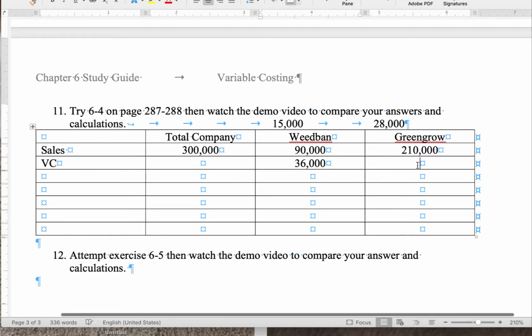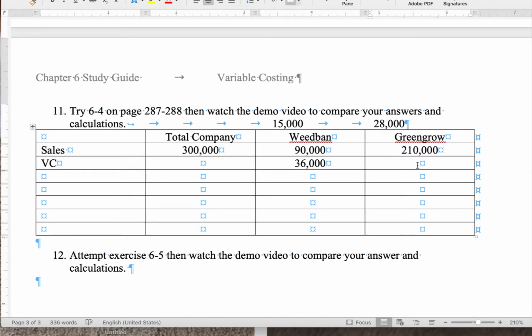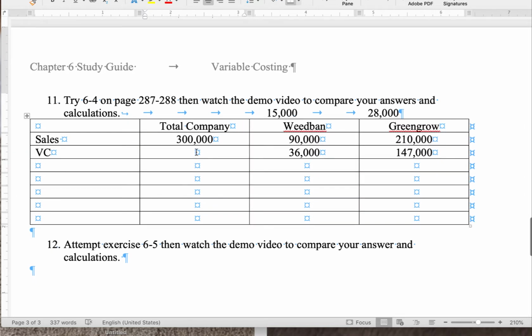I do the same thing for Green Grow. I sell how many? 28,000 units times the variable expense per unit for Green Grow, which is $5.25. I end up with $147,000. Now, to figure out my total variable costs for the company, that's easy. I take my $147,000 plus my $36,000. I end up with $183,000.